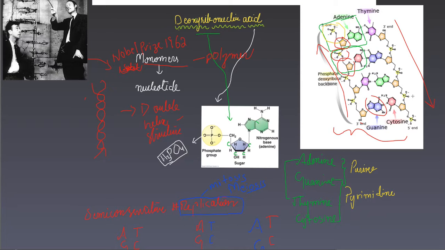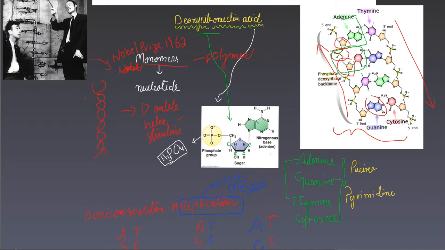You might be thinking, how do you know? If you look here, it says it's a 5' end, and here it says it's a 3' end. Here it says 5' end, and here it says 3' end. So they're opposite.